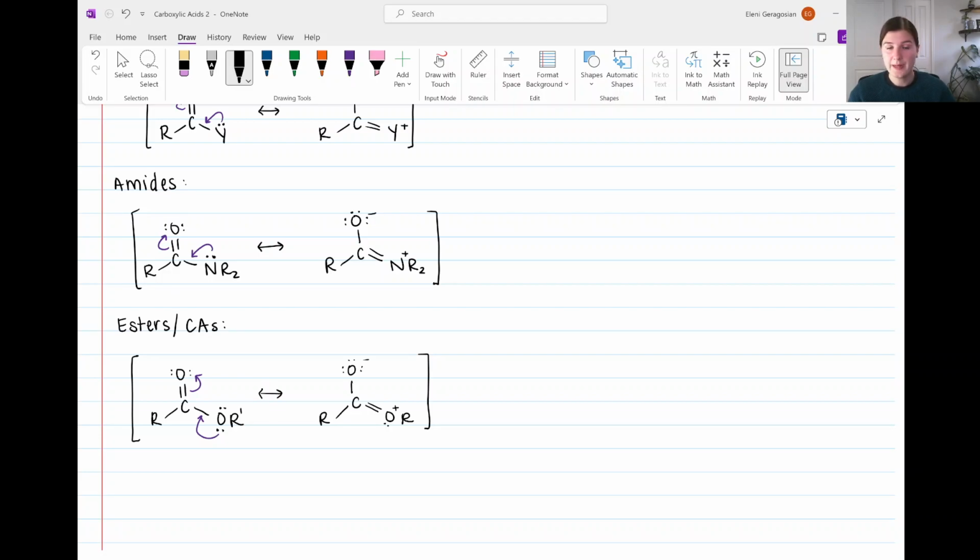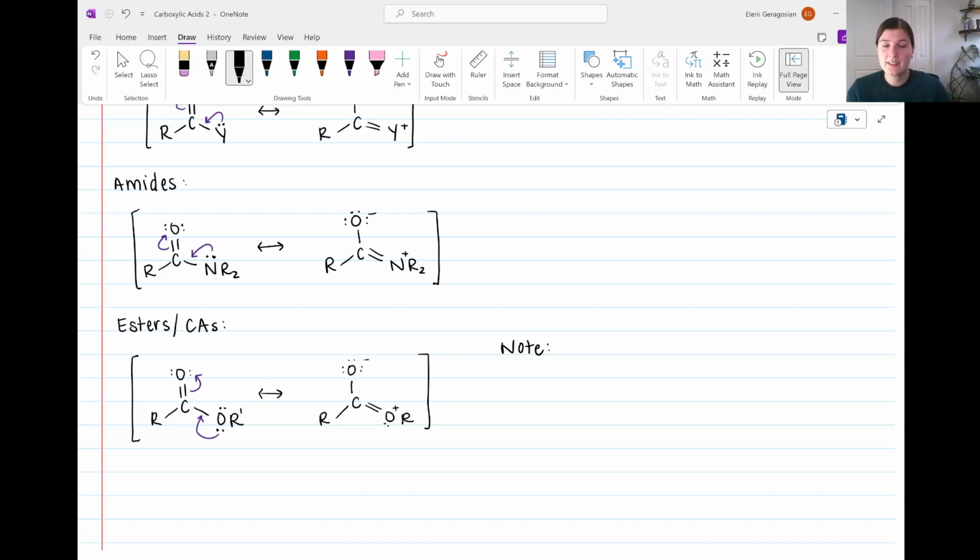So really we're comparing a nitrogen donating electrons or an oxygen donating electrons. Well, oxygen is more electronegative than nitrogen. Oxygen holds onto its electrons more so than nitrogen does.